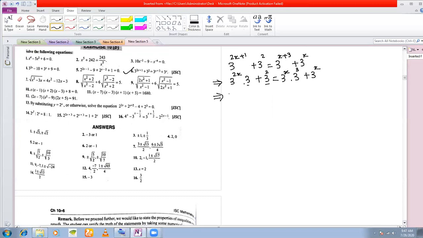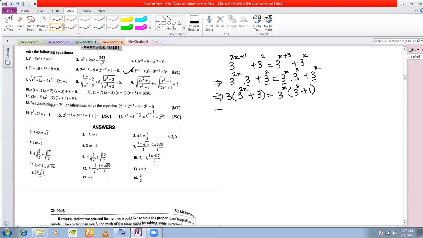So I can take out one 3 from this to get 3 to the power of 2x plus 3 is equal to, now I have a 3 to the power of x here and I have a 3 to the power of x here. So I can take out 3 to the power of x. So I'm only left with 3 cube plus 1.